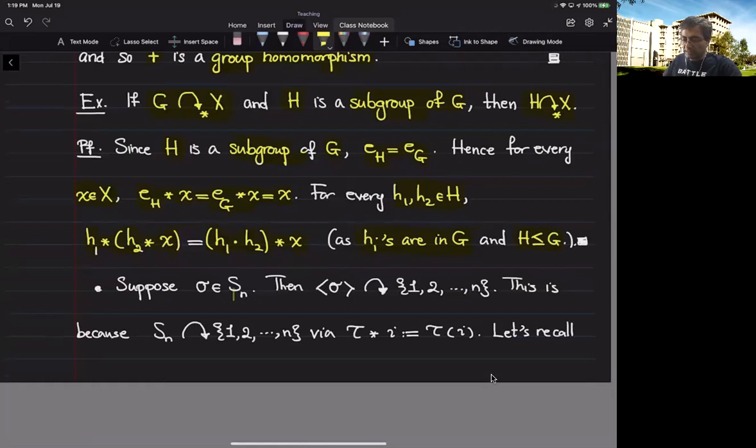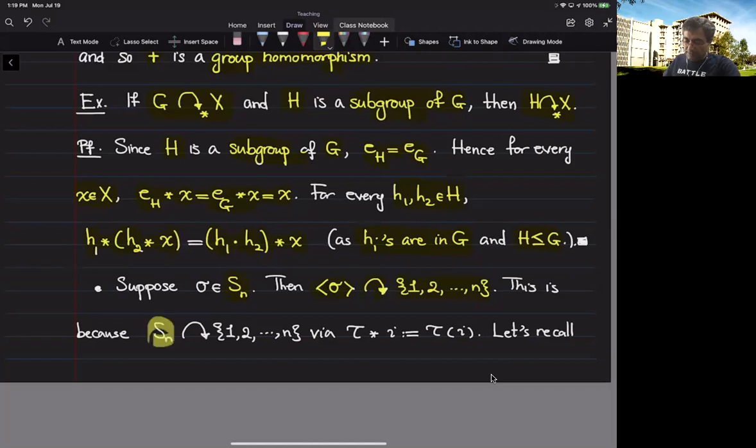We know that S sub n, the nth symmetric group, acts on the set 1 to n that we have discussed earlier. The symmetric group of the set X acts on the set X by simply letting the function be applied to the point i. Now, the cyclic subgroup generated by sigma is a subgroup of S sub n, and therefore the action of S sub n on this set gives us an action of the cyclic group on this set.